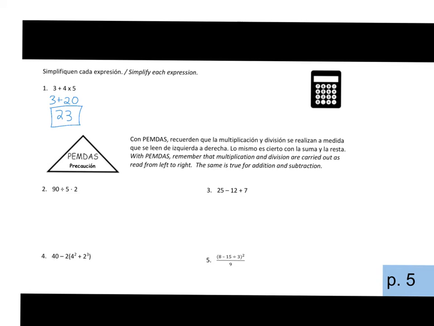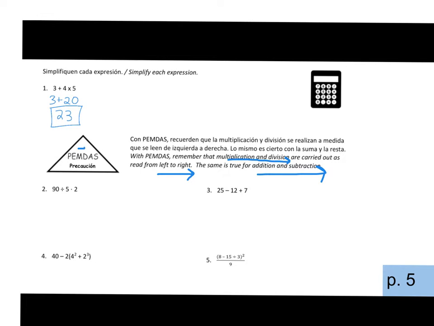Once again, for example number 2, we're going to follow the rules of PEMDAS, or the order of operations. But be careful, because this says from left to right for multiplication and division, also for addition and subtraction. So sometimes division comes before multiplication. Sometimes subtraction comes before addition.